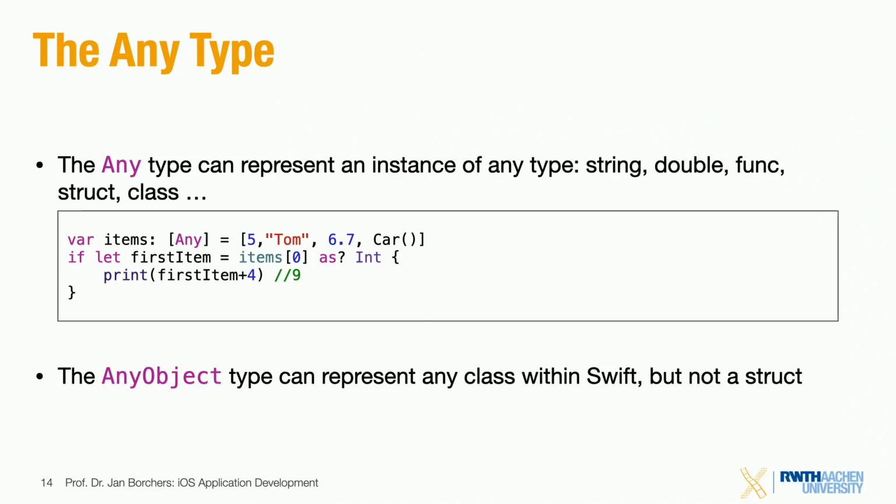So that is for really anything, but there's also the AnyObject type that is specific for classes. So that can't be a struct, but needs to be from a class. All right, so that's it so far about casting.